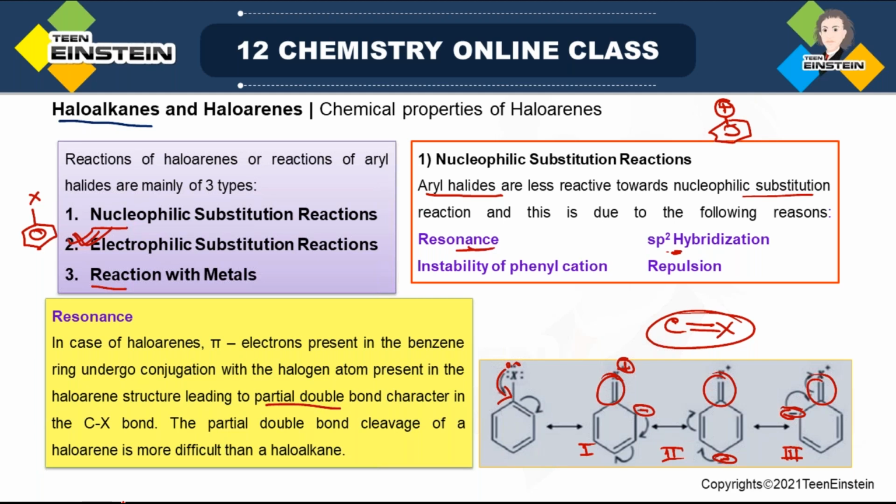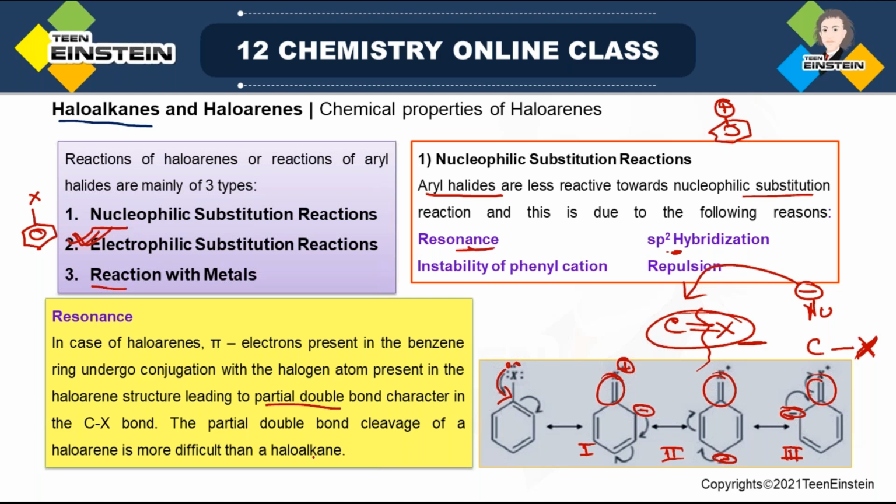Now this partial double bond, when you are treating it with some nucleophile, because we are discussing nucleophilic substitution. So the reagent is a nucleophile, an electron rich reagent. When the nucleophile is in the picture, it will try to attack this carbon, but breaking of this bond is really difficult, because though it is not exactly a double bond, obviously compared to a pure single bond, breaking this bond is difficult.